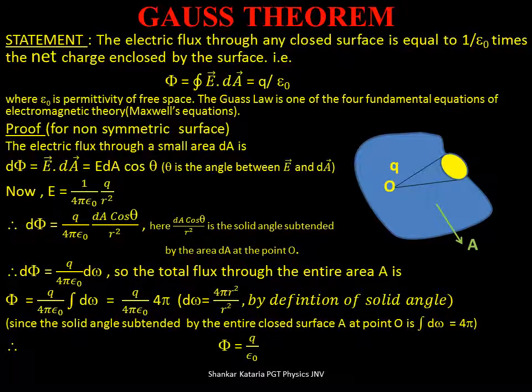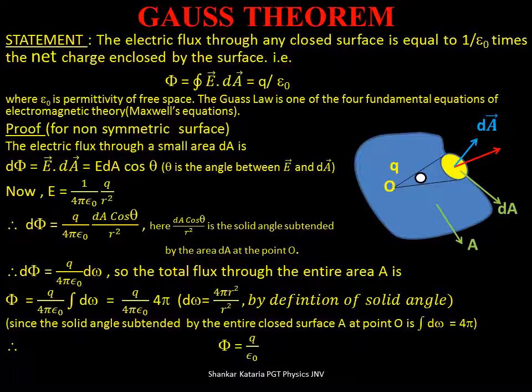Let us take one such area element with area dA, and first we calculate the flux through this area element, and subsequently we integrate to get the total electric flux associated with the surface. This area element dA subtends a solid angle d omega at point O, and dA is the area vector of this area element.